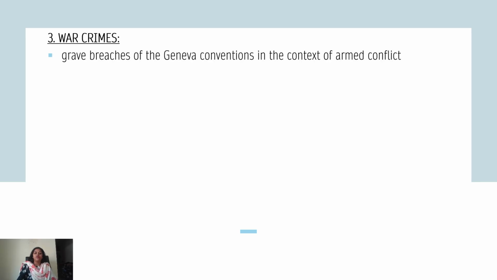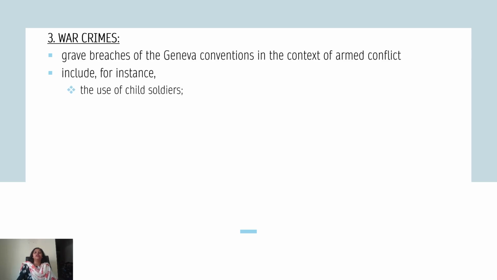The third category of international crime is war crimes. War crimes are grave breaches of the Geneva Convention. They're committed in case of an armed conflict or a wartime situation. They include certain category of crimes.